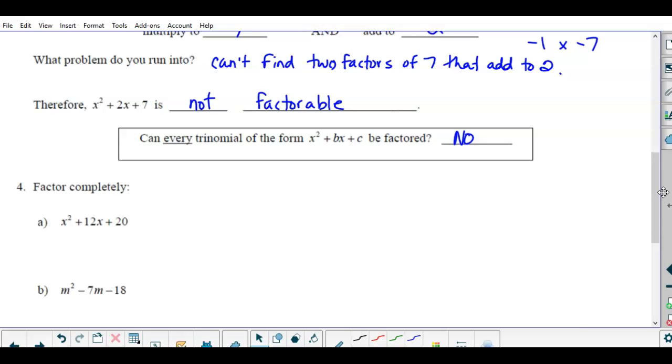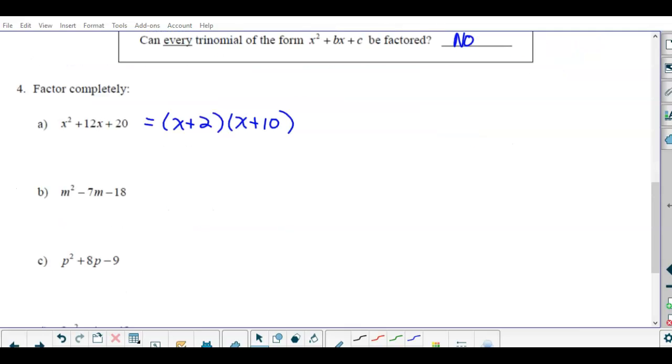Okay, so you're looking for two numbers that multiply to 20, add to. Okay, so in the next one, you can even put brackets if you need to show your work. You don't have to, there's no marks for work, really.